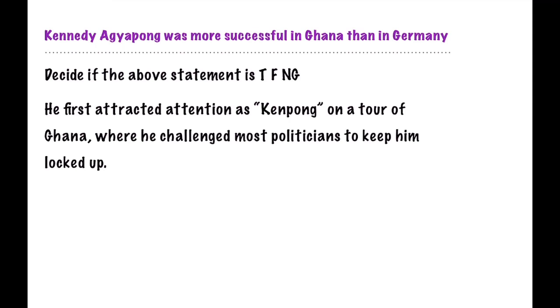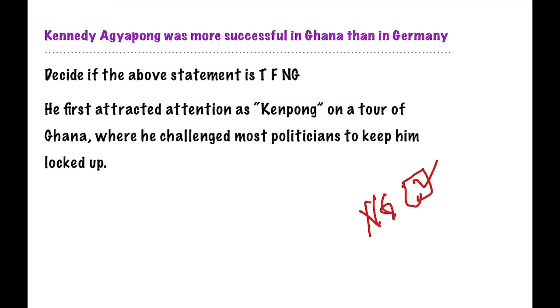Is this statement true, false, or not given? The right answer is not given. This is not false. Now, why is it a not given? The statement is saying Kennedy Agyapong was more successful in Ghana than he was in Germany. And the information we have is he first attracted attention as Kempong on a tour of Ghana, where he challenged most politicians to keep him locked up.